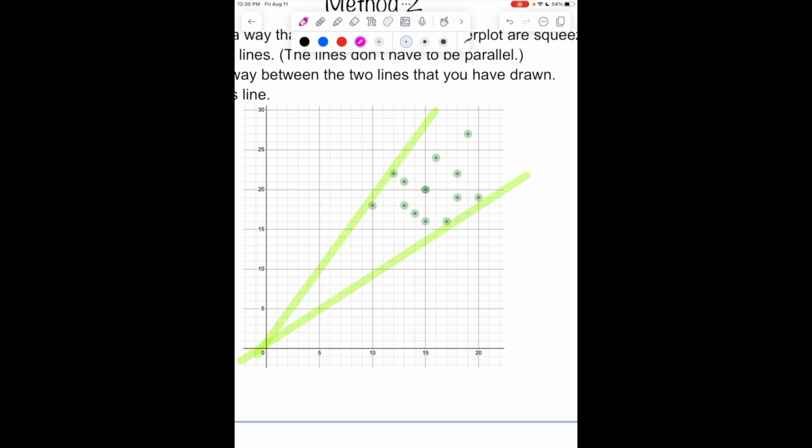Now I'm going to draw the trend line, and I like to try to estimate this as close as possible between these two lines and go where this intersection point is. Okay, so I'm going to start from this intersection point at the bottom here. Try to draw a line that goes right through the middle.